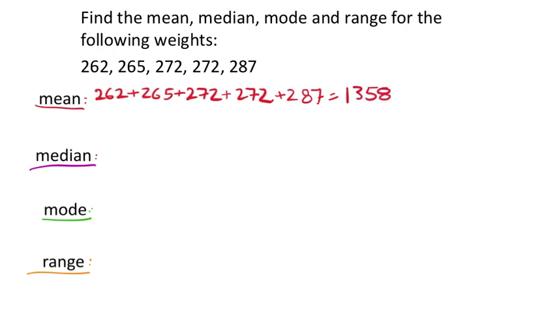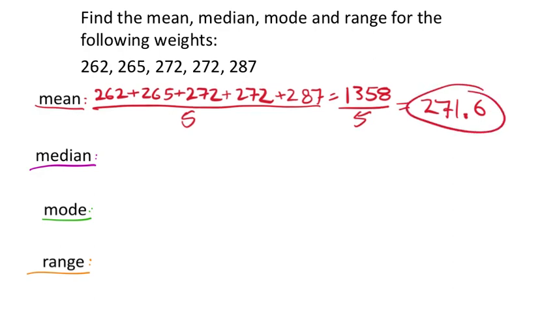Now, it is a mean or an average, which means we're going to take all 5 of these and divide it by the number of numbers, which is 5. So, in my calculator, 1,358 divided by 5, and I got 271 and 6/10. Yep, that's what I got. Boom. Well, that is the mean. That's it.